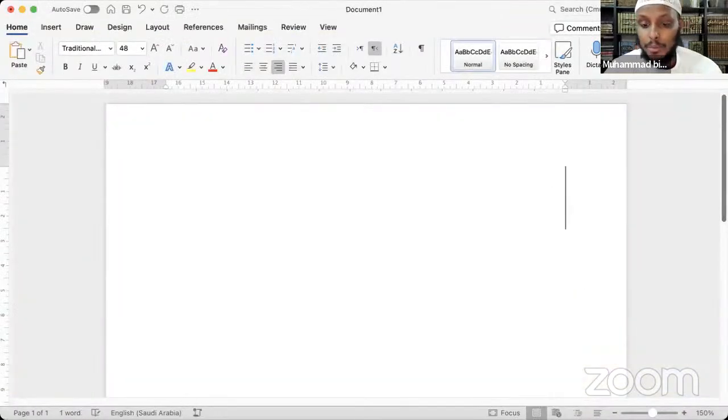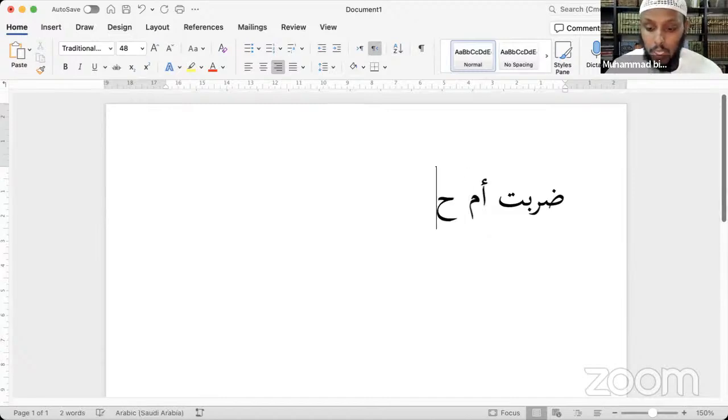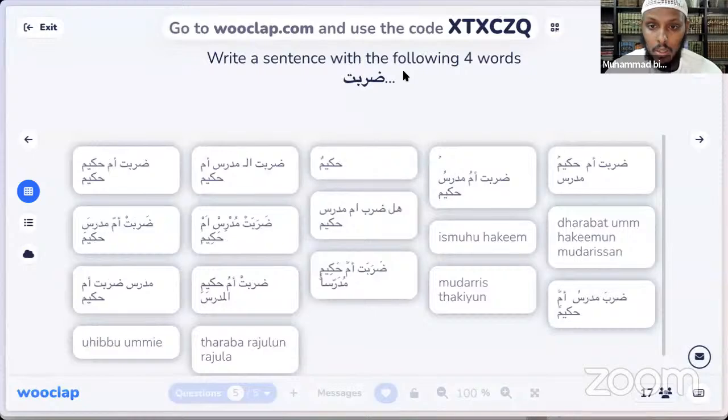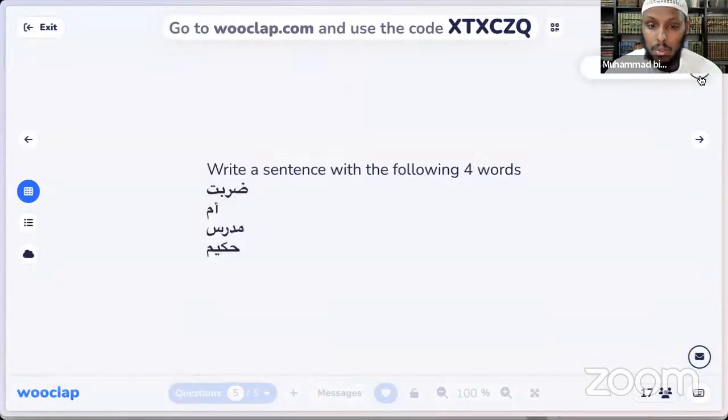So we have darab, darabat, we have hakim, and darabat. Which order do we put in? ضربت, أم, مدرس, حكيم.